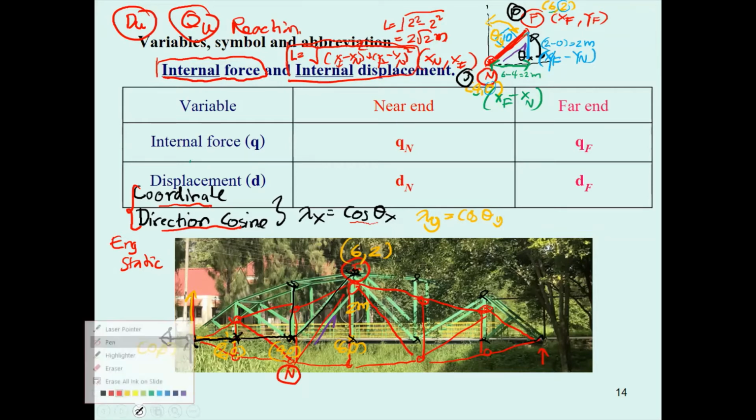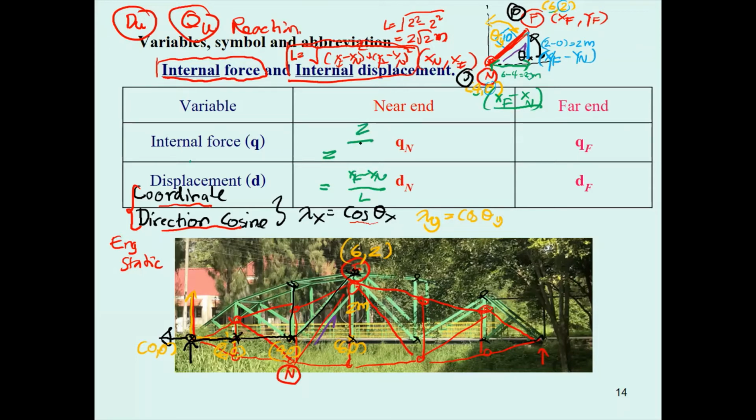Now, you come over here. The cosine of this is going to be x sub f minus x sub n, divided by L. It's going to be 2, divided by 2 square root 2.